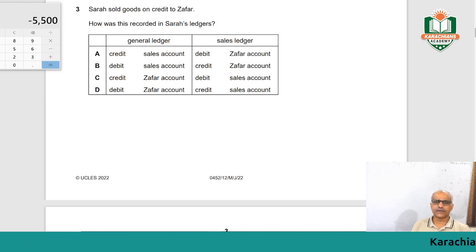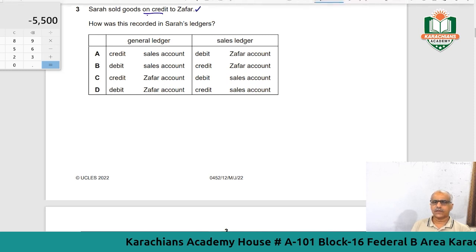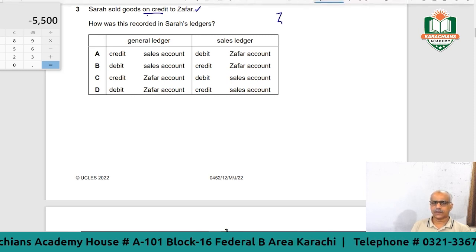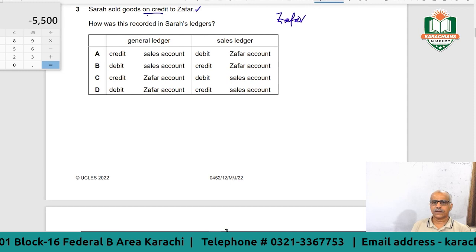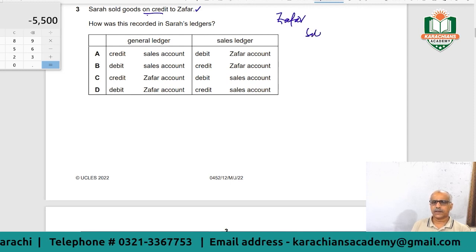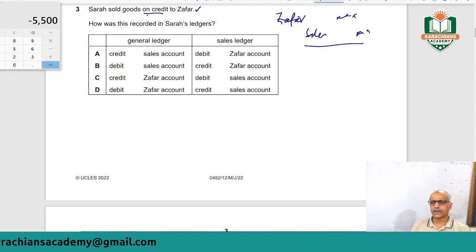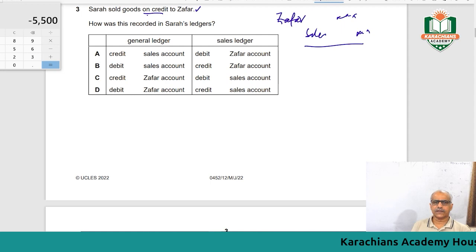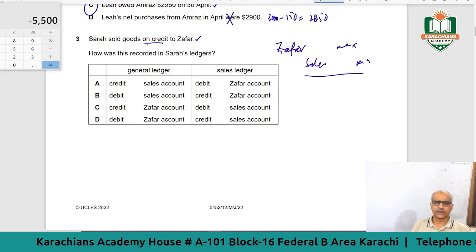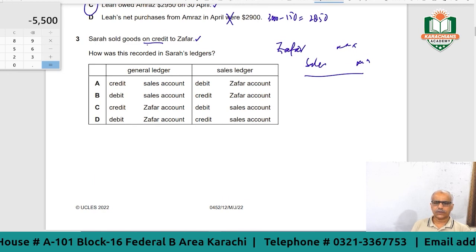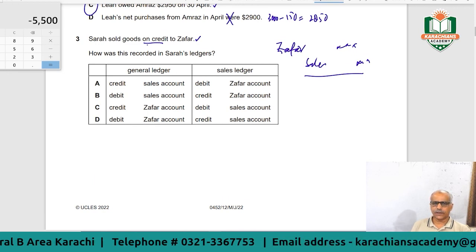So he said this is on credit to Zafar, means Zafar, ideally speaking, should be debited, right? And sales should be credited, whatever the amount is. So how was this recorded in Sarah's ledger? Because this is Sarah's business, Sarah's ledger, so in the sales ledger, right?